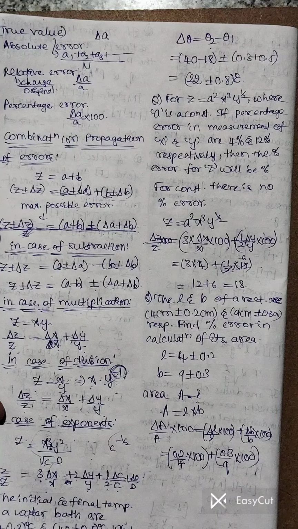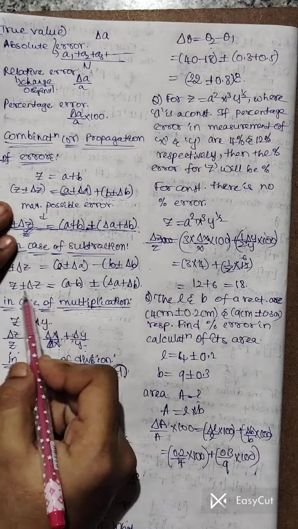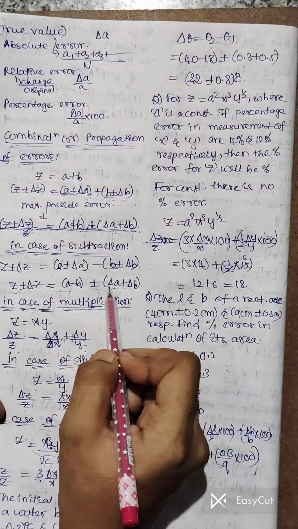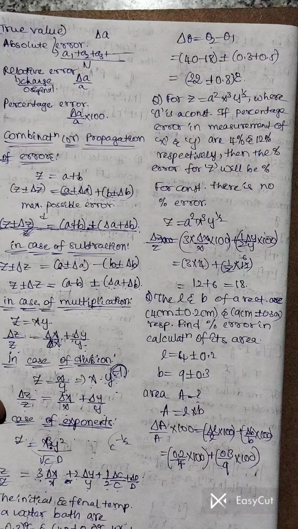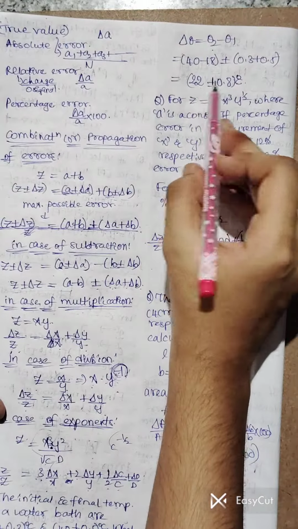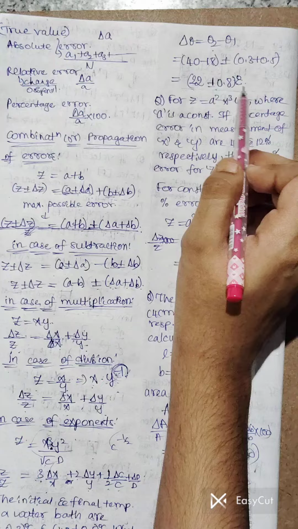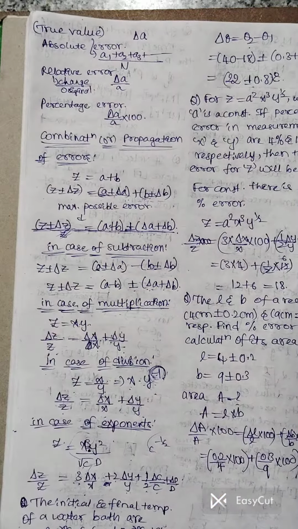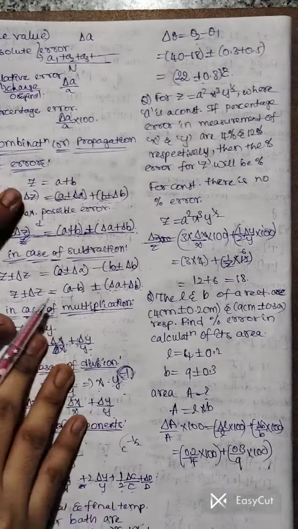So 40, when you have to subtract, you make it like this: 40 minus 18 plus or minus (delta A plus delta B). So plus or minus 0.3 plus 0.5. So you get 22 plus or minus 0.8 degrees Celsius. You just simply have to learn these formats by heart. If you make a few questions, you'll automatically remember it.